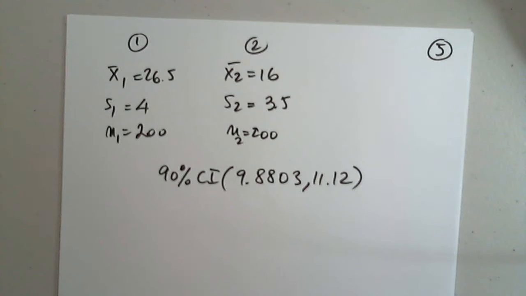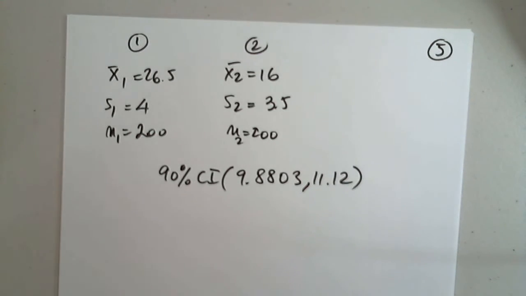So the upper bound, 3 decimal places. The upper bound was 9.880, and the lower I meant, and 11.12. Okay, and then interpret the interval.